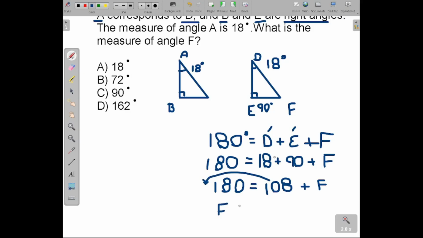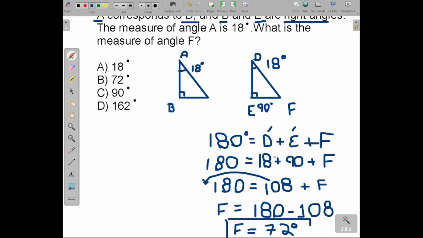And we can say that F is equal to 180 minus 108. Finally, the angle F is equal to 180 minus 108, which is 72 degrees. So this is the value of angle F. And the right answer is B, 72 degrees.